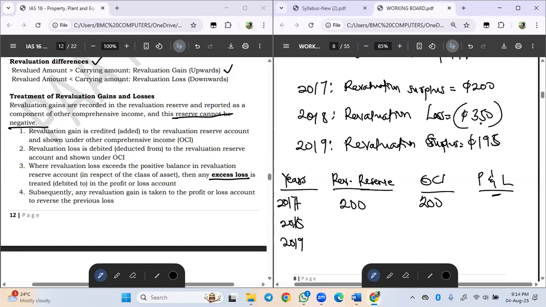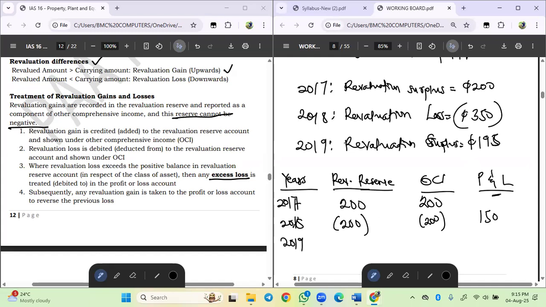So here the loss of 350, you go to the revaluation reserve. What do you have there? You have 200. So you cannot subtract more than 200 because the reserve cannot be negative. So you take out the 200 here, from OCI. Now you have an extra loss of how much? 150.